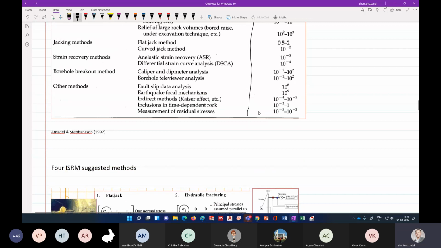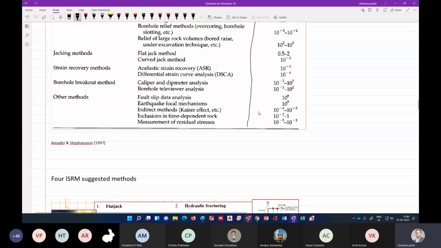Okay, so this is from Amadei and Stephansson. And we have something called ISRM. For those who don't know, ISRM is the body which takes decisions related to rock mechanics.